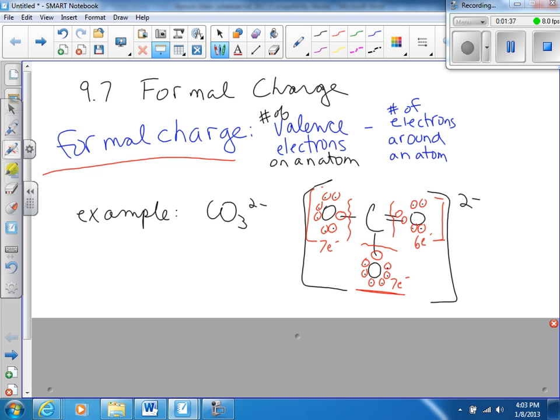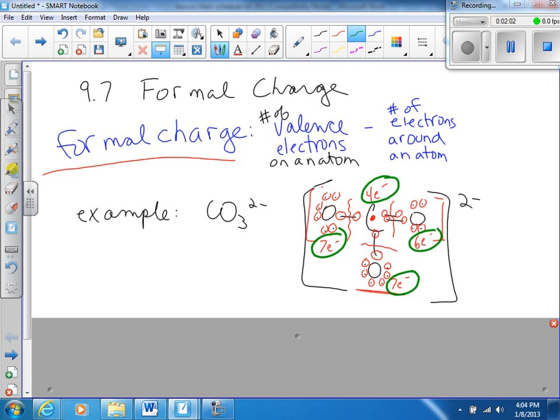And the carbon in the middle would have 1, 2, 3, 4 electrons assigned to it in the Lewis structure. That is really a lot of mess in there, so I'm just going to circle. We've got 7 electrons, 6 electrons, 7 electrons, 4 electrons.